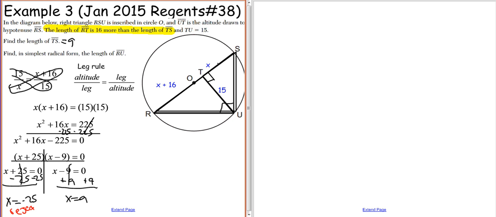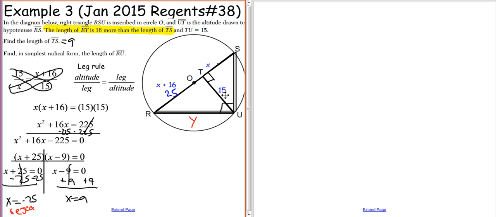So what I'm going to do is label RU as y just for myself. Now the way to find RU is, this is a right triangle here, and I know that this leg is 15. RT is just going to be 9 plus 16, which is going to be 25.